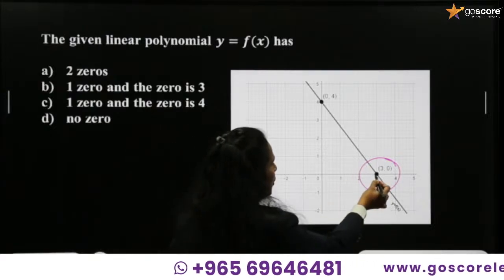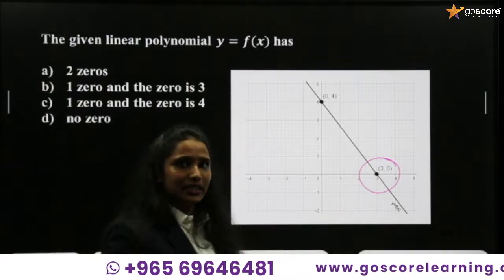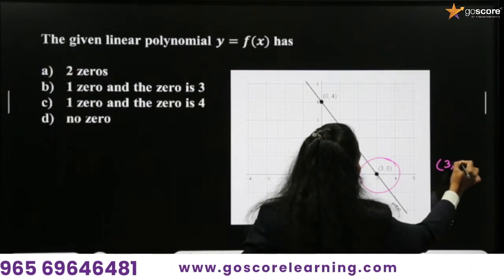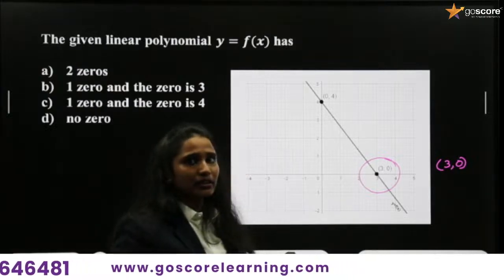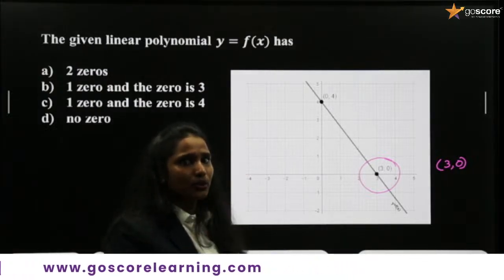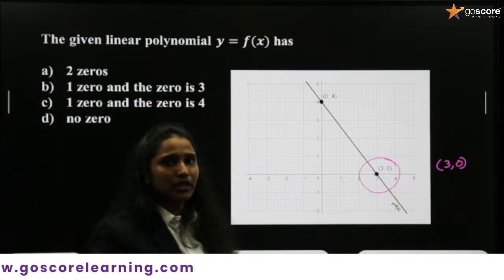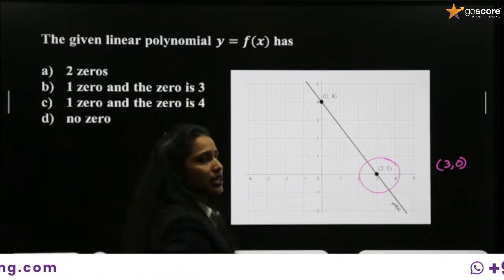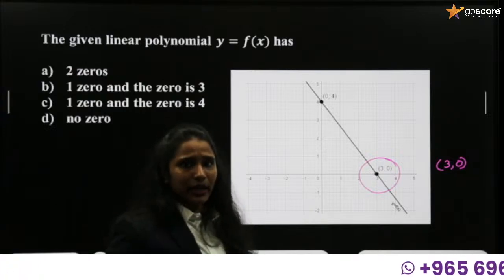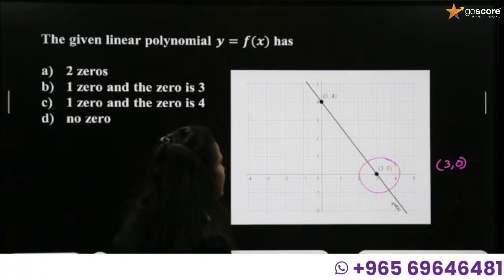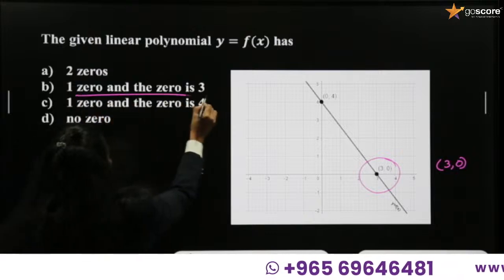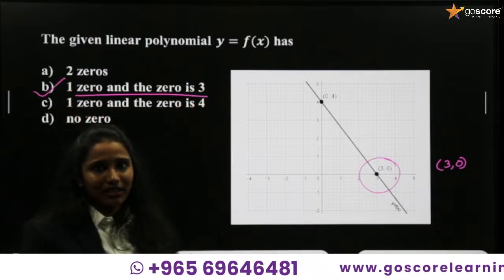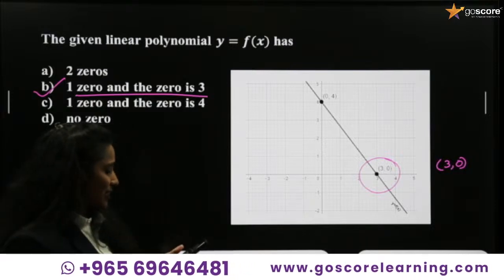So this point is the intersecting point, and its coordinates are given as (3, 0). So it is intersecting at one point, so it has 1 zero. And what is that zero, 4 or 3? The x coordinate of that point, right? So the x coordinate is 3. So 1 zero and the zero is 3. B is the correct option. You guessed it correctly. Not guessed, you found it correctly.